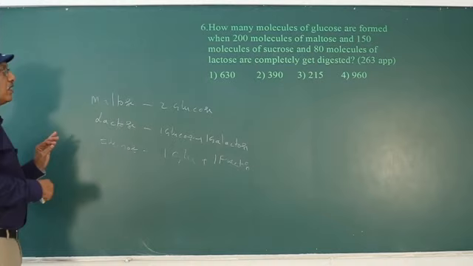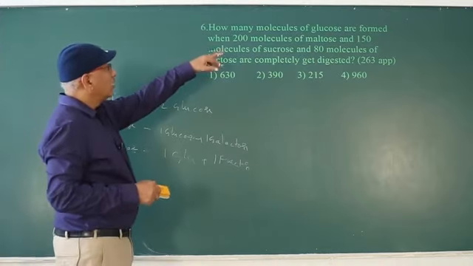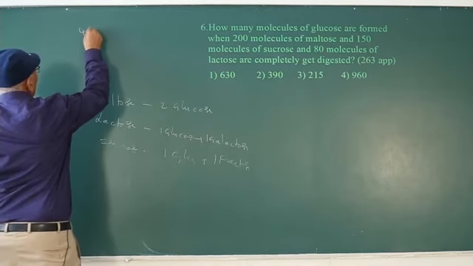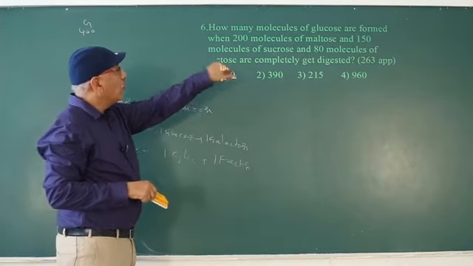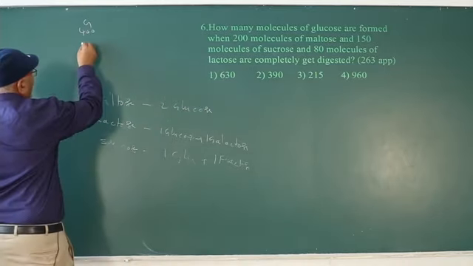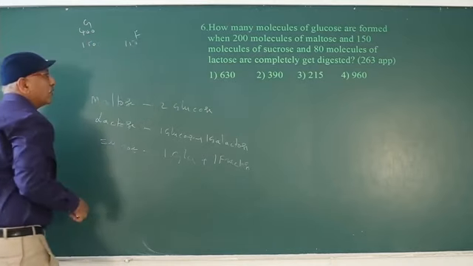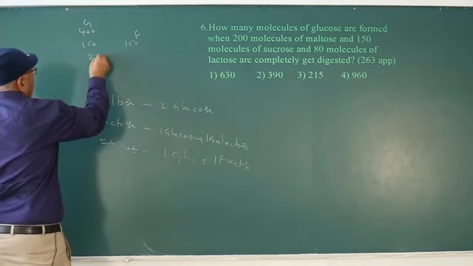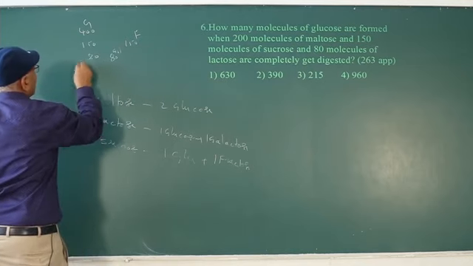Based on this concept, I have to set up the question. 200 molecules of maltose means 400 glucose molecules. Next, 150 molecules of sucrose give 150 glucose and 150 fructose. 80 molecules of lactose give 80 glucose and 80 galactose.